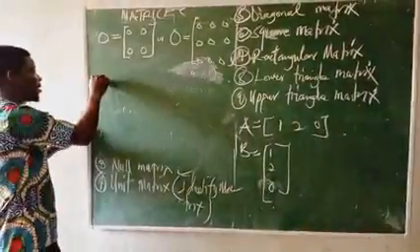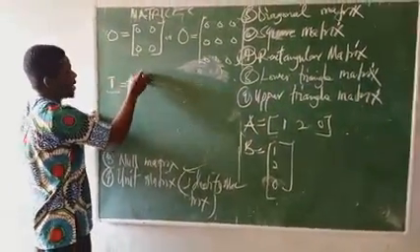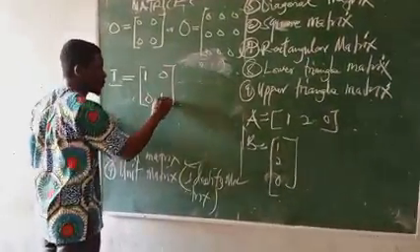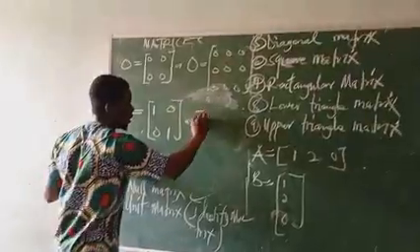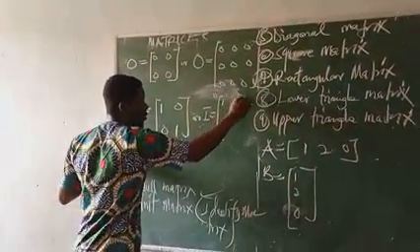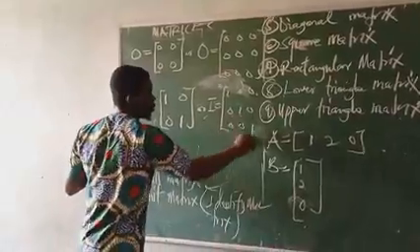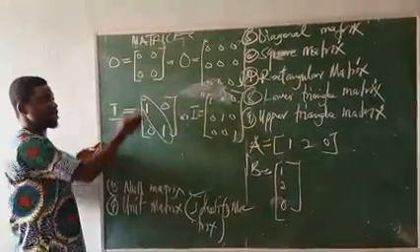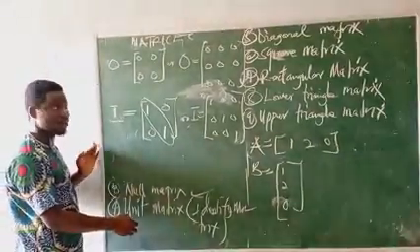For instance, matrix I equals [1, 0; 0, 1], or matrix I equals [1, 0, 0; 0, 1, 0; 0, 0, 1]. Now, this one is referred to as the leading or the principal diagonal.